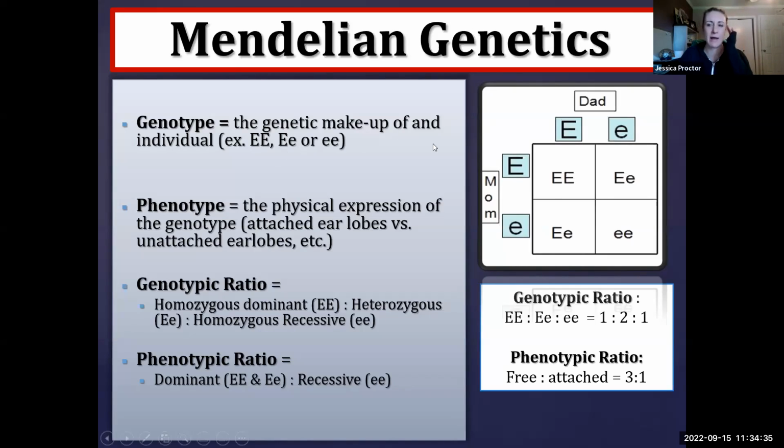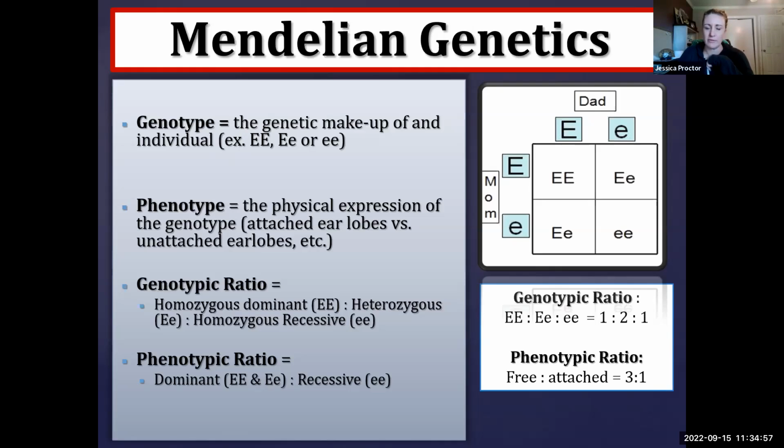Those are your only three possibilities for these simple monohybrid crosses. And like I mentioned, the phenotype will be the physical expression of that genotype. So an example would be attached earlobes versus unattached, straight hairline versus widow's peak, blue eyes versus brown eyes, straight thumb versus hitchhiker's thumb. You guys get the picture.